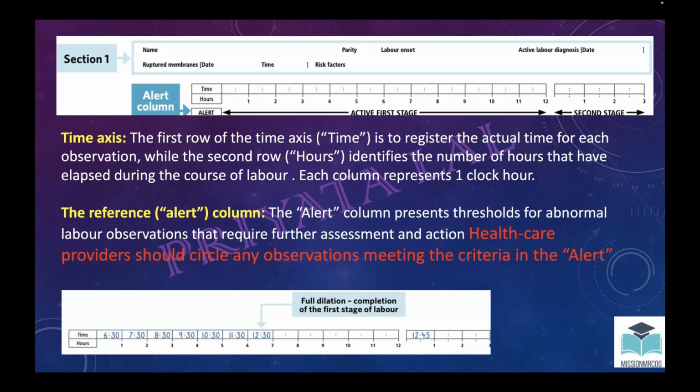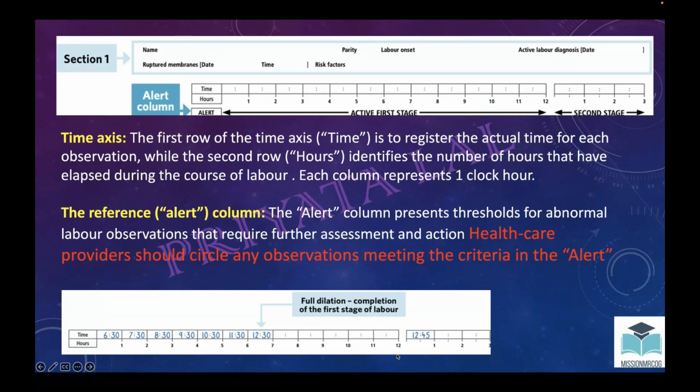Okay. So I have already explained how to fill this part. Now how to fill this part: with this, this part is filled. So this is the time, and these are the hours. And according to this LCG, the first stage of labor starting from 5 has to be completed within 12 hours. It should not take more than 12 hours.